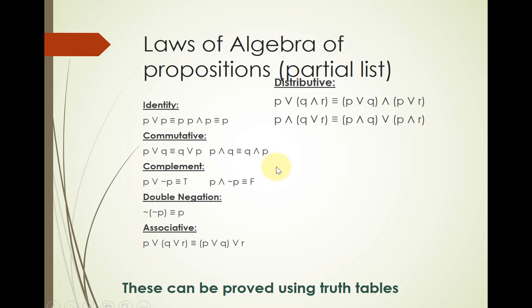By the way, what do we mean by all of these equivalencies? When I say this is equivalent to this, I mean they have the same truth table. So you can prove these with truth tables. And this is another form of distribution. It's very similar here and here.